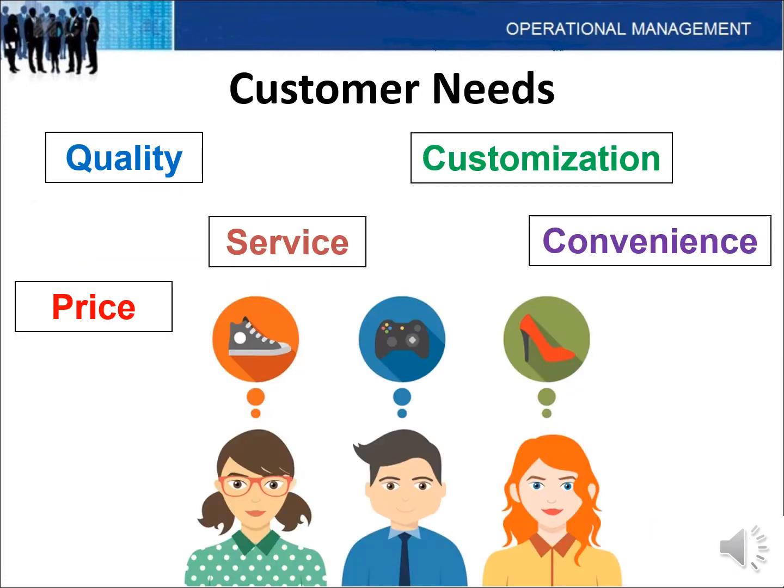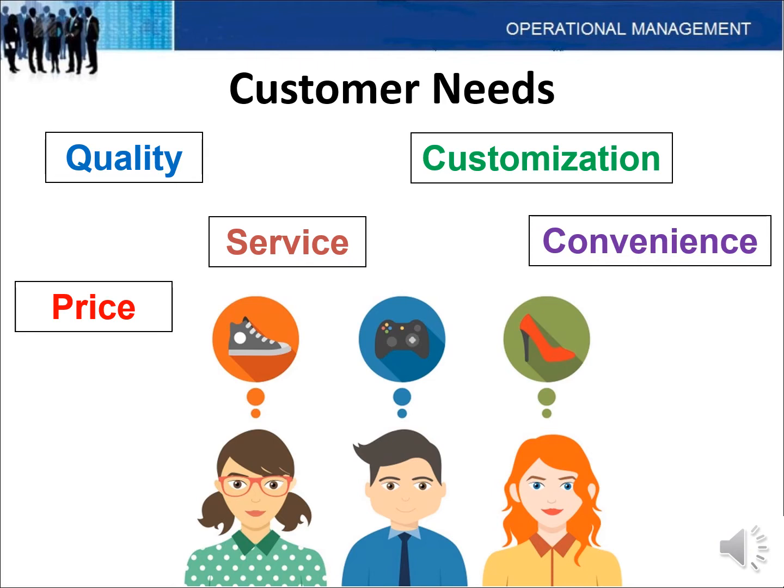So the first thing that you need to discuss among your members is what the customer needs are. Because you are producing a product, you need to know what the customer requires, what they want to have in their daily life, what kind of services they would like to have.